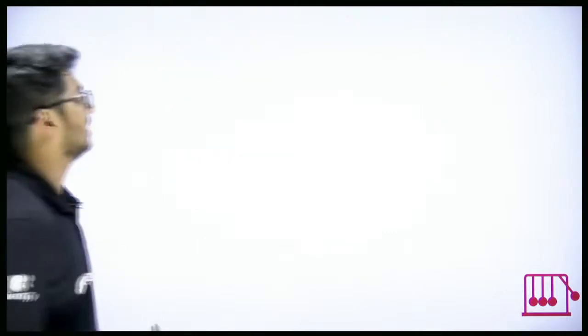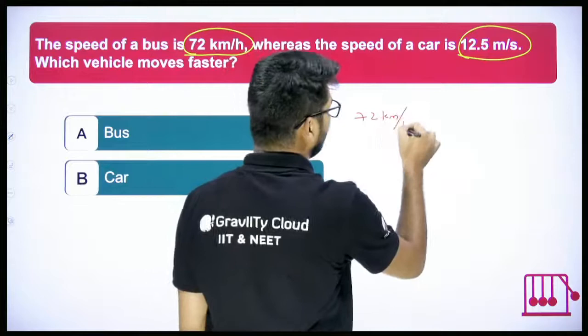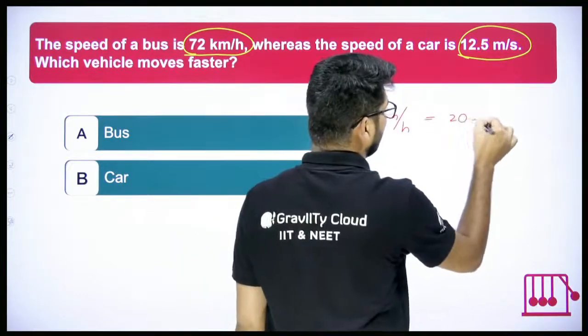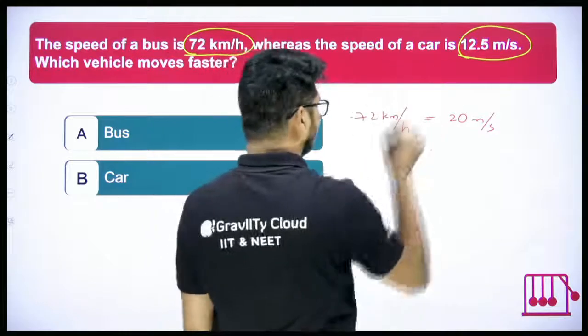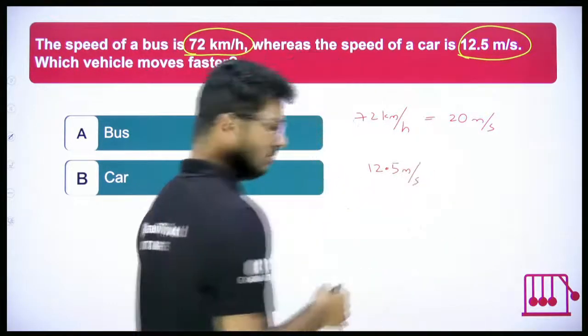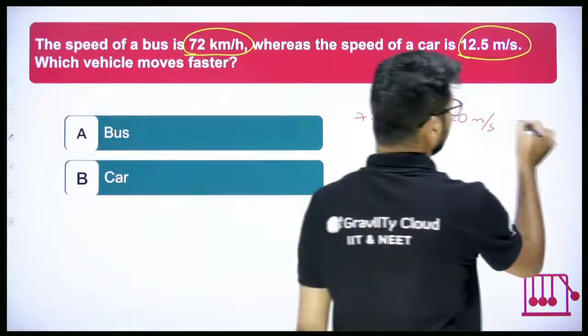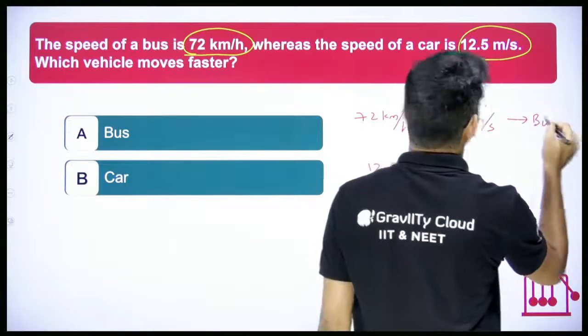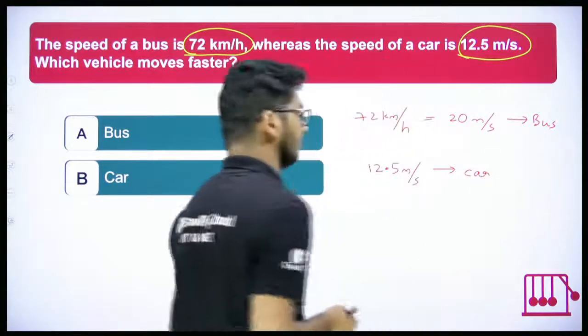So now if we compare the speeds, what is given here? 72 kilometer per hour, which we got as 20 meter per second. That is the speed of one vehicle. The other vehicle is 12.5 meter per second. For the bus, it is 20 meter per second. For the car, it is 12.5 meter per second.